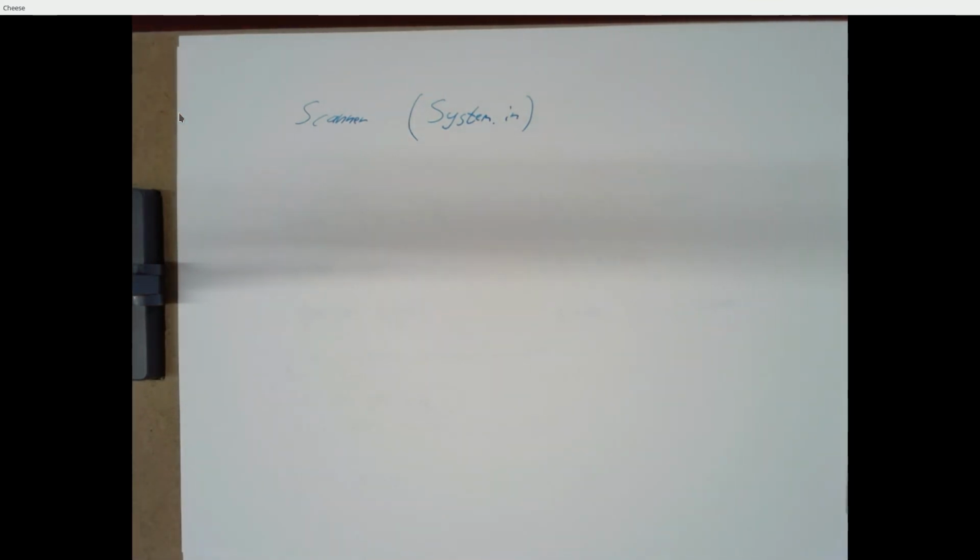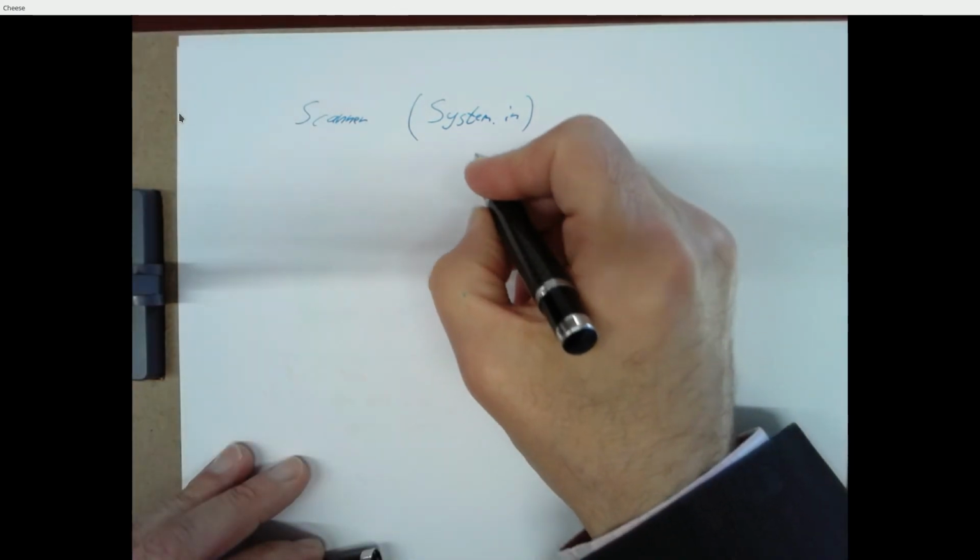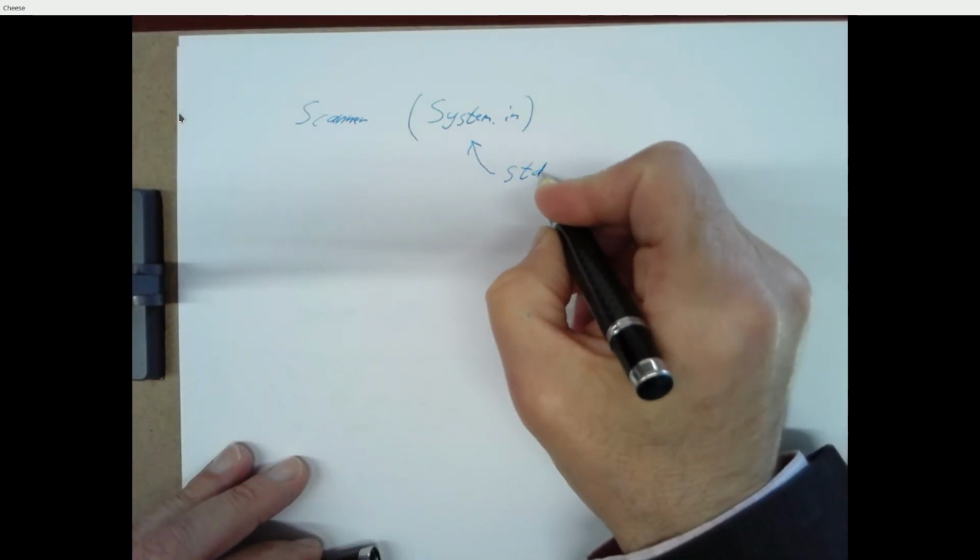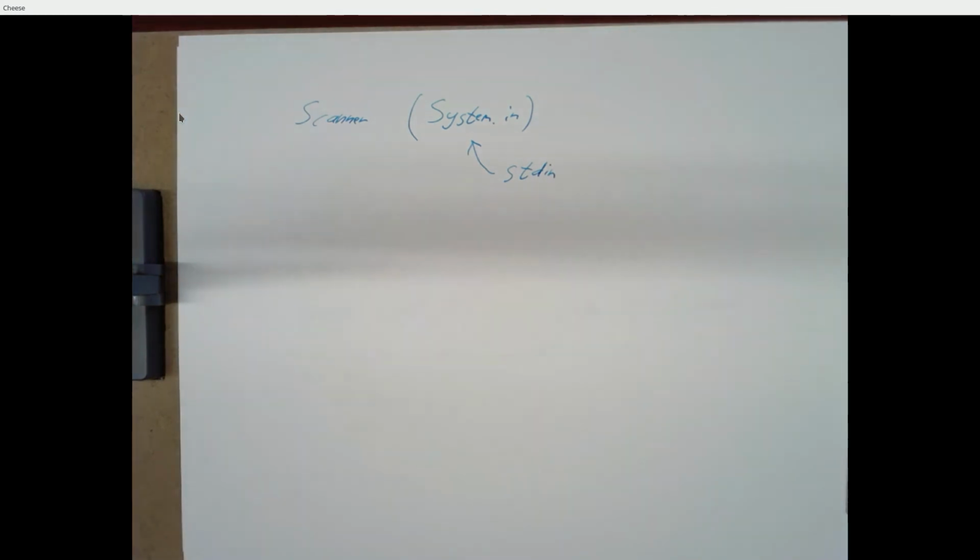So if we construct a scanner using System.in as an argument, that will give us this scanner object that can be used to read from System.in, which is really just standard in. So it's normally the stuff we're typing on the keyboard, but if we redirect input or we pipe from a command into our Java program, it's whatever we're using to feed standard in.